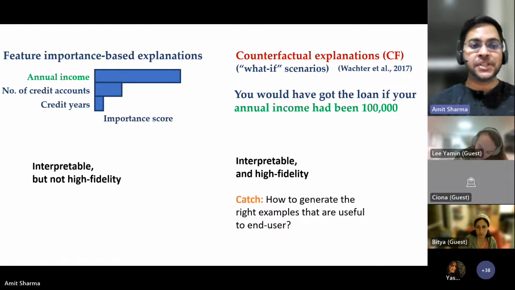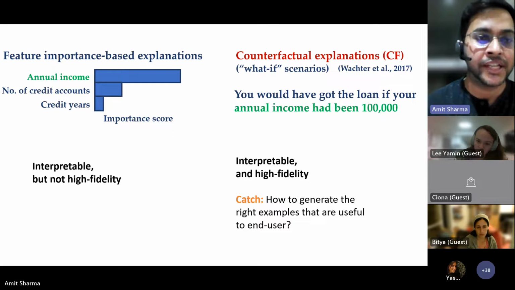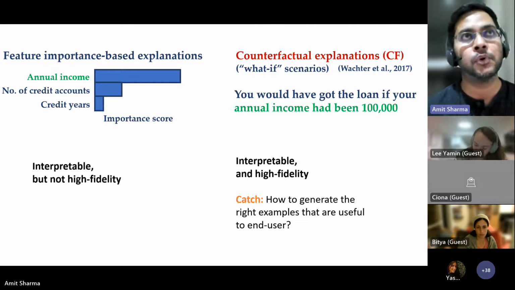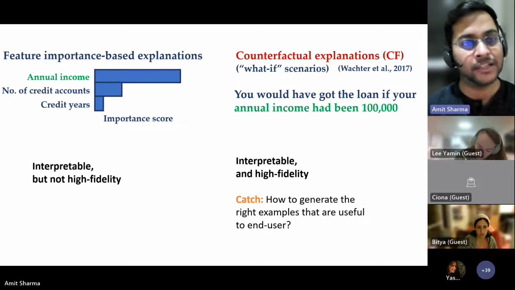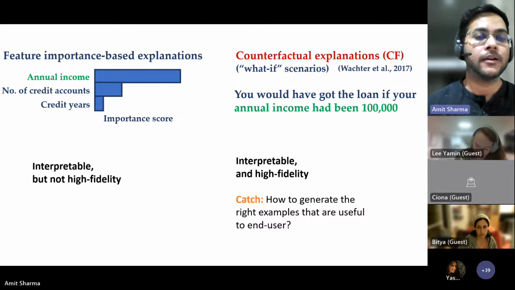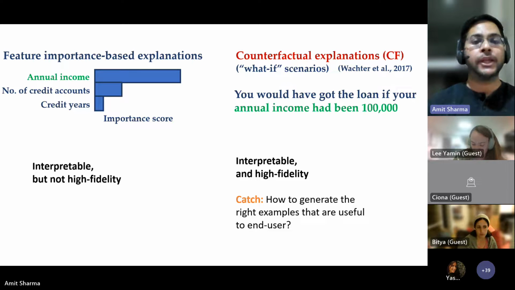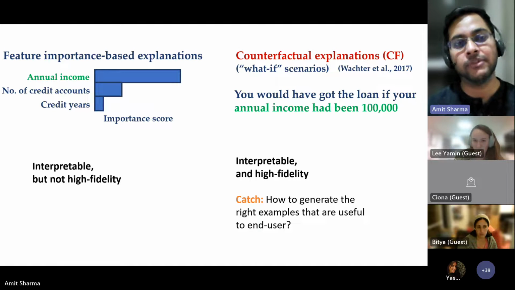But you can also imagine it in a different way where feature importance based explanations may not be high fidelity. And I think this is a much stronger limitation of such methods. What I mean by that is you might see that annual income is the most important feature here, but it may not mean that changing annual income even by some reasonable amount would actually get you the loan.